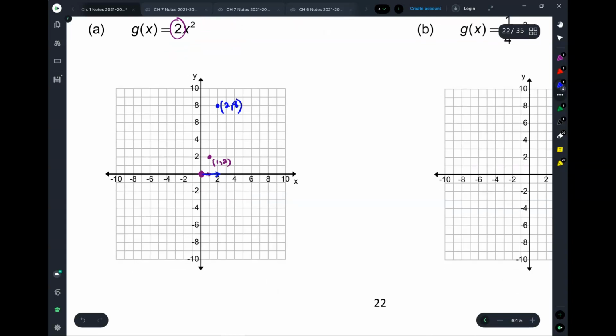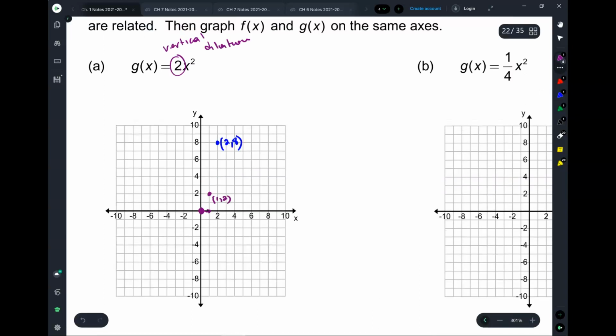Okay, so let's do that again. Before, when you went over 1, you would have gone up 1. But you see how there is a 2 in front of it? Multiply that number by 2. So you get 2. Also, before, when I went over 2, I should have gone up 4.